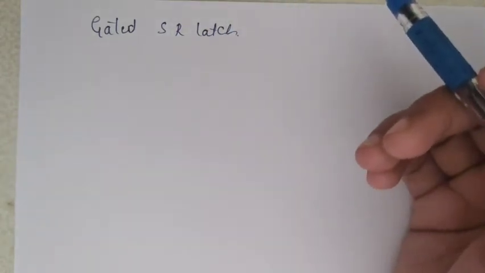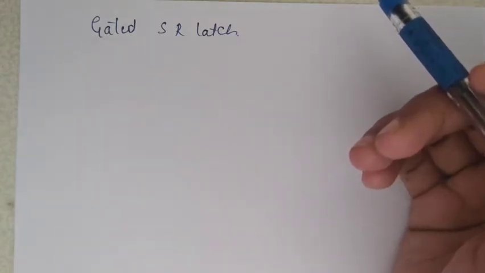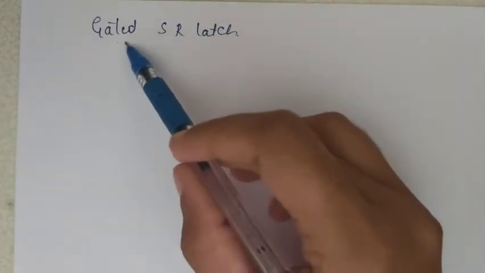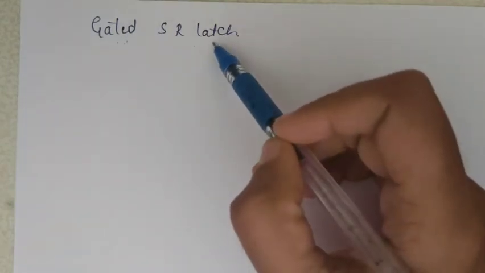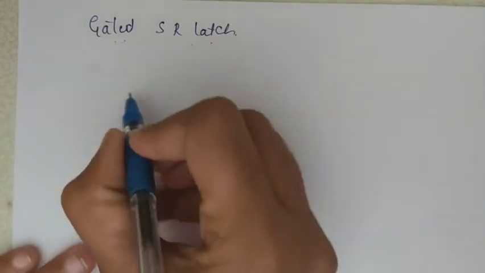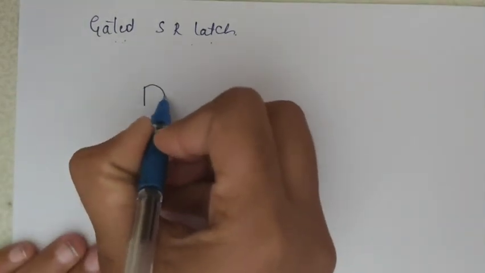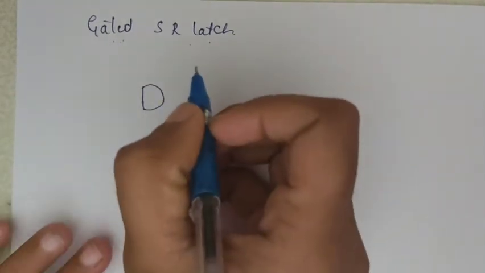We have to enable the SR latch. We have a control, that is enable. So in order to enable the SR latch, that is a gated SR latch. We have a gated SR latch circuit based on the NAND gate.